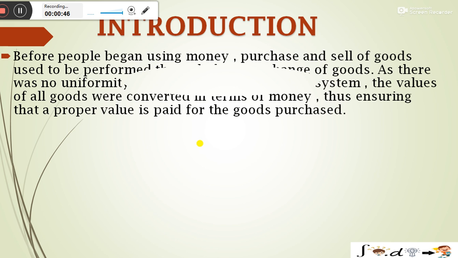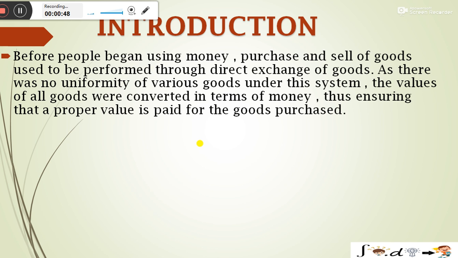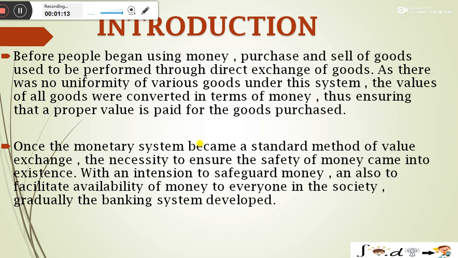And now, as you know, before people began using money, the purchase and sale of goods used to be performed through the direct exchange of goods. As there was no uniformity of various goods under this system, the values of all goods were converted in terms of money, ensuring that a proper value is paid for the goods purchased.